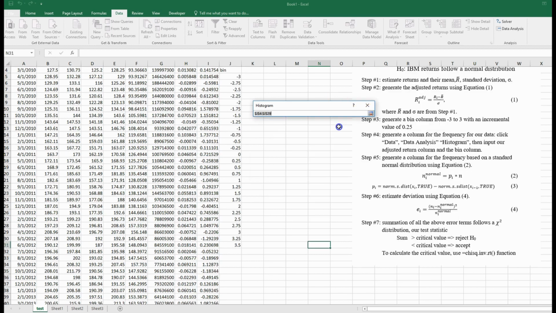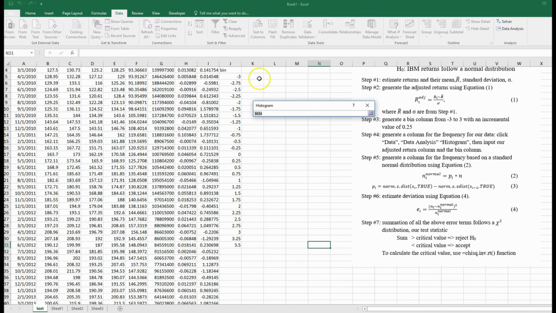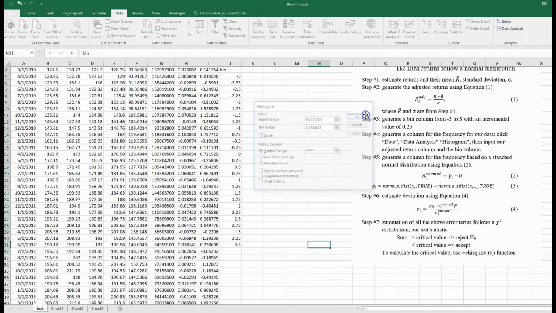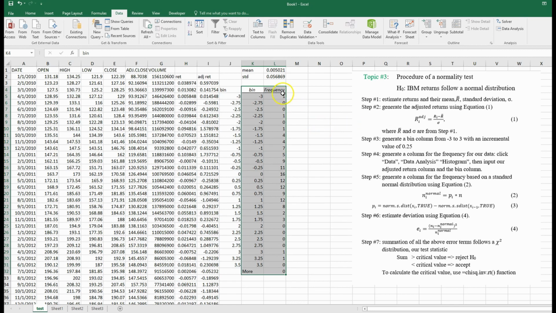The second one will be our bin, going down. Because we have to check the label, I include the label. This is our output range, so let's put it side by side. Then we click OK. So this is the frequency for our data.